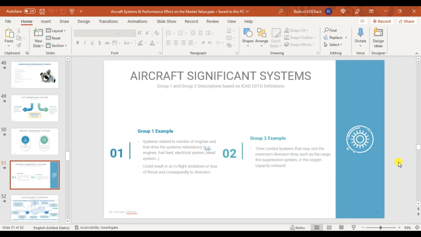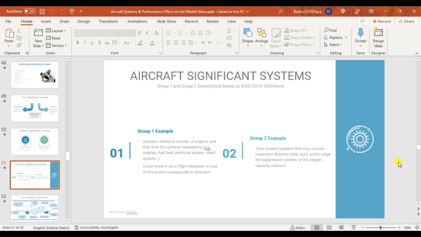Yes, exactly. Fire suppression system, and they are not only those two, it's just an example. They are not only the two systems, but my point is they are the systems that are time related. They affect the aircraft value because they depend on the EDTO approval certification.